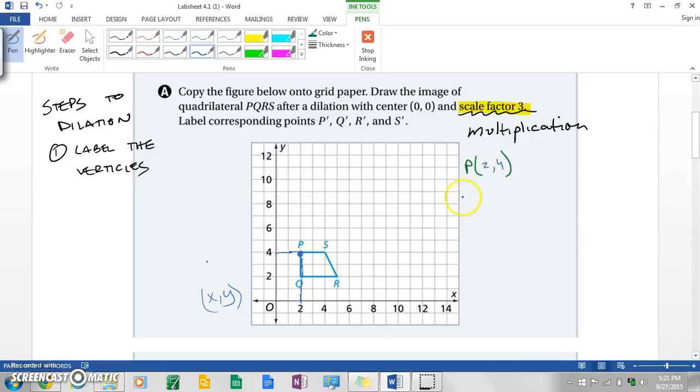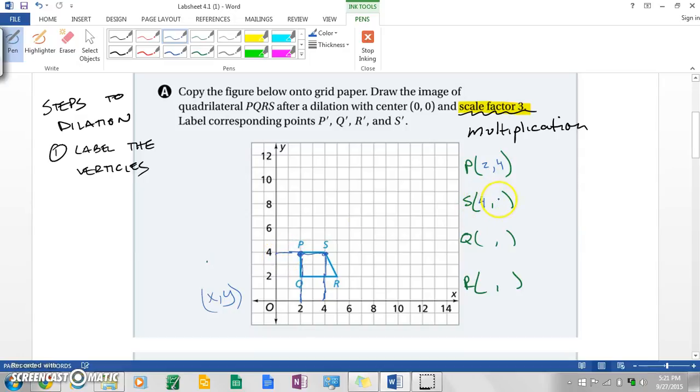Alright, we're going to do the same thing for S, Q, and R. So what you should be doing now is finding where these vertices are, and then we're going to label them. So S here, we go down to 4, 4.